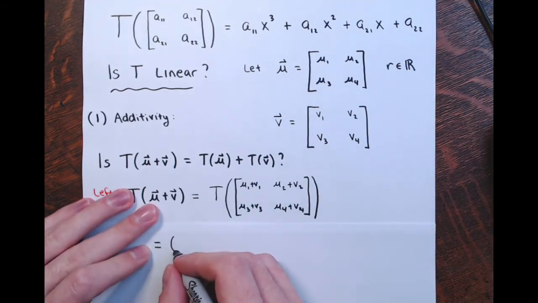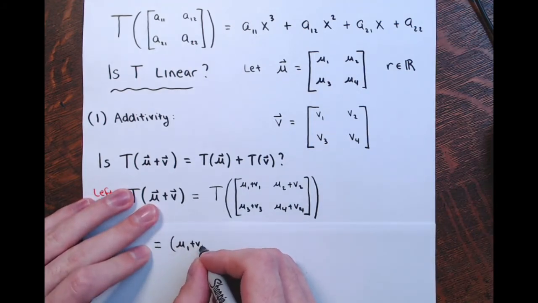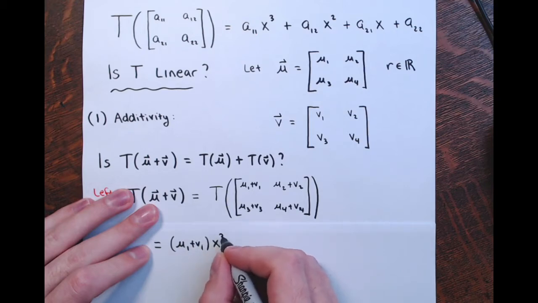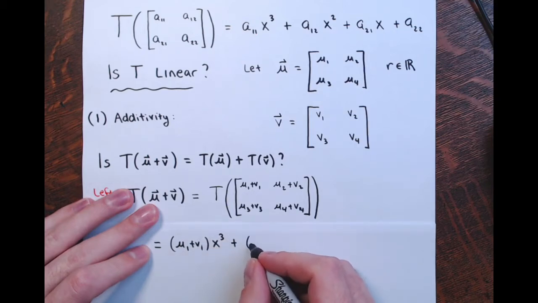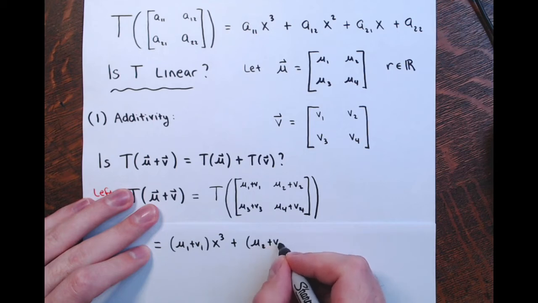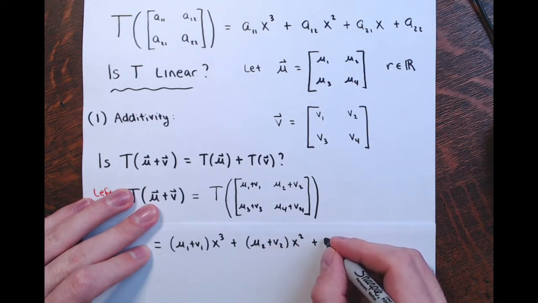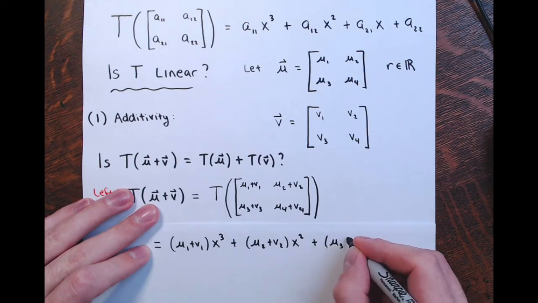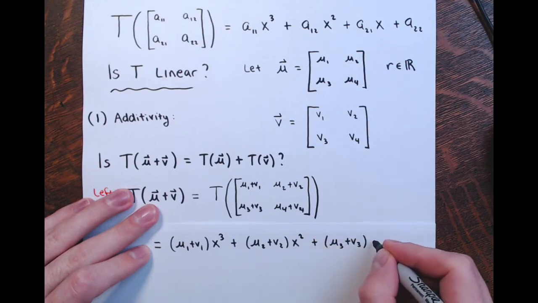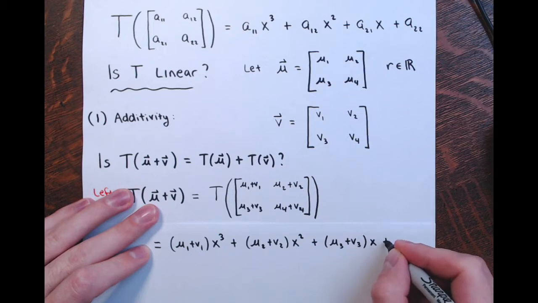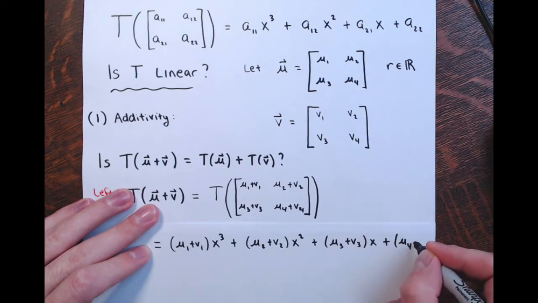So the output is (u1 plus v1) times x cubed plus (u2 plus v2) times x squared plus (u3 plus v3) times x. Finally, the constant term is u4 plus v4.